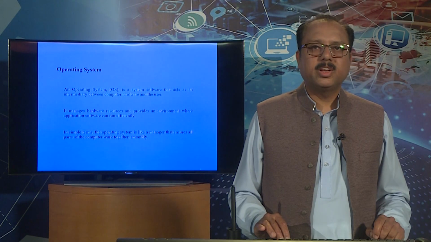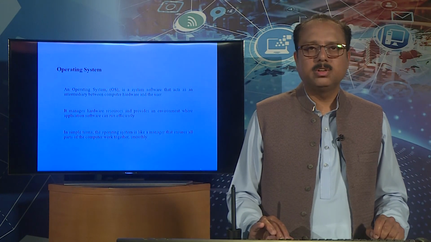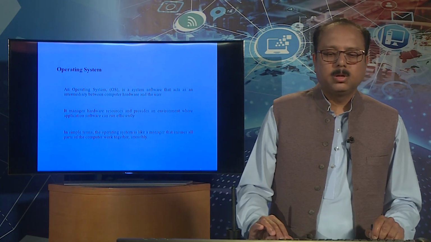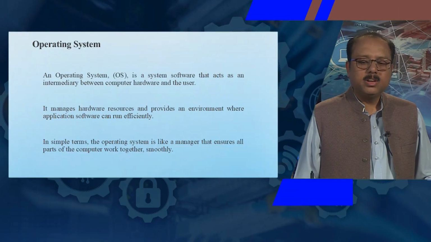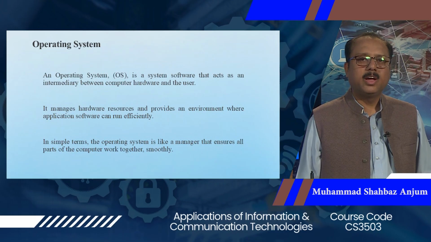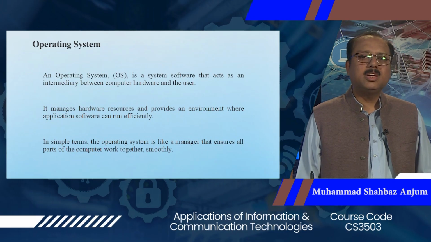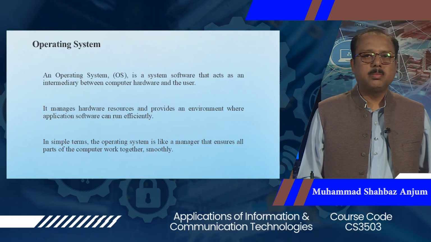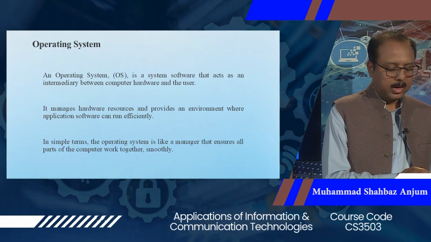Let us begin by understanding the very basic foundation, that is what is basically meant by an operating system. An operating system is a system software that acts as an intermediary between computer hardware and the user. It basically manages hardware resources and provides an environment where application software can run efficiently.